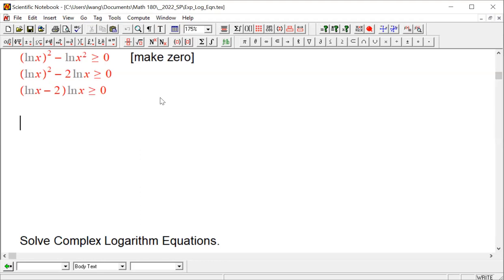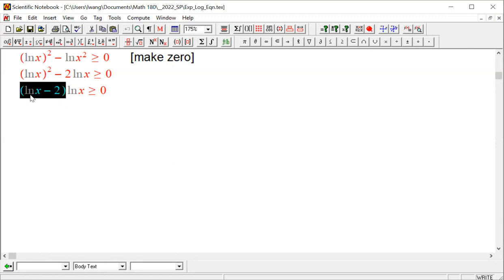This question is a little bit complicated. And then we're going to work on the sign change. So what are the sign changes? When does ln x minus 2 change sign, right?